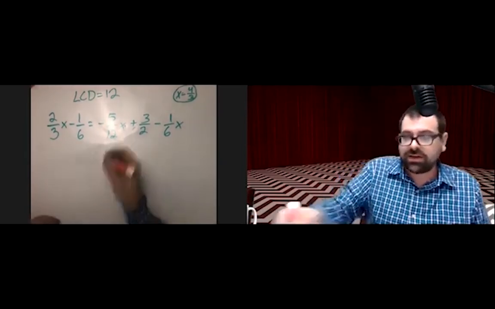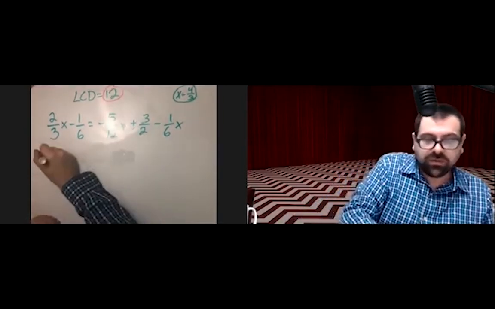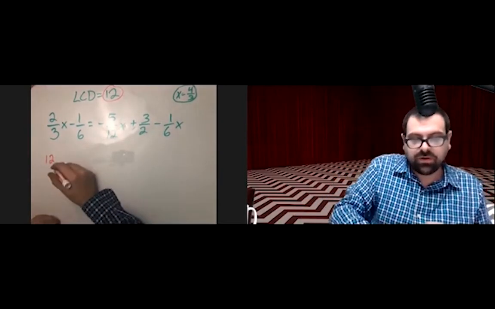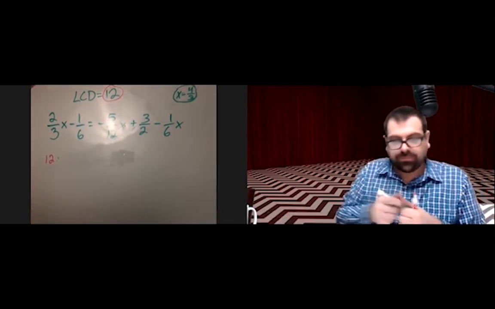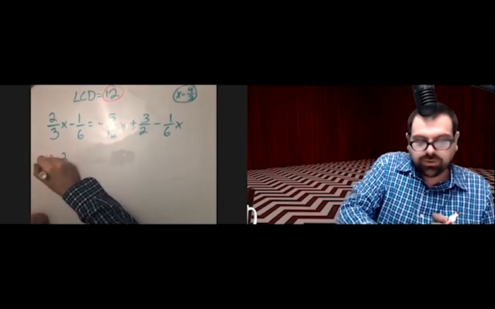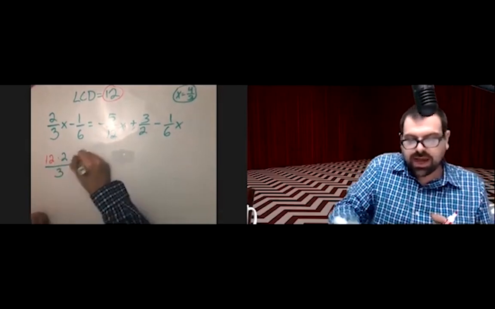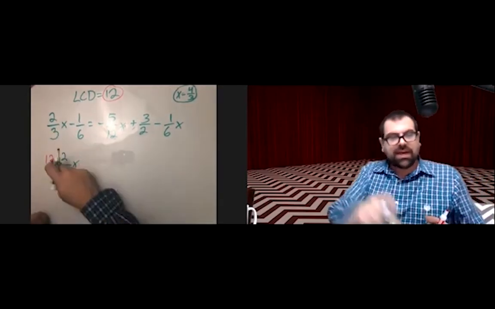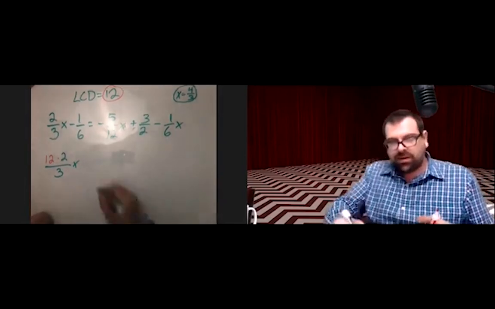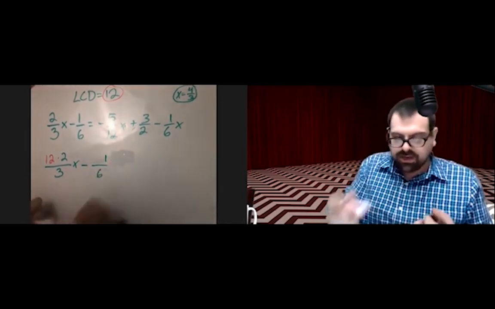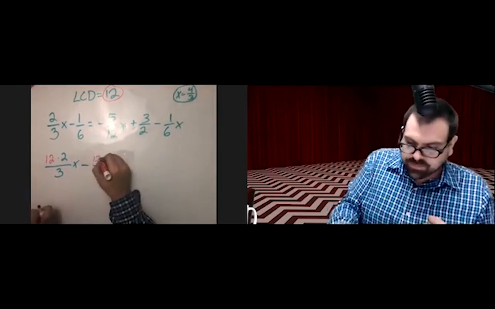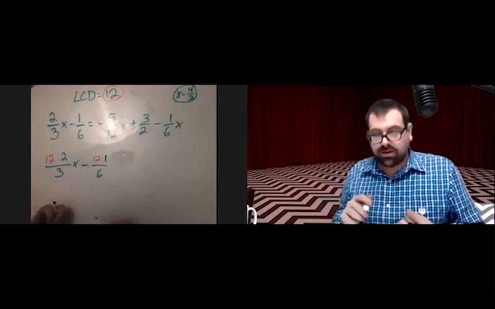The end result is we take this 12 and we go 12 times 2/3x. So instead of 2/3 x, I put a times 12 in there. Minus, instead of 1/6, I put a times 12 in there.